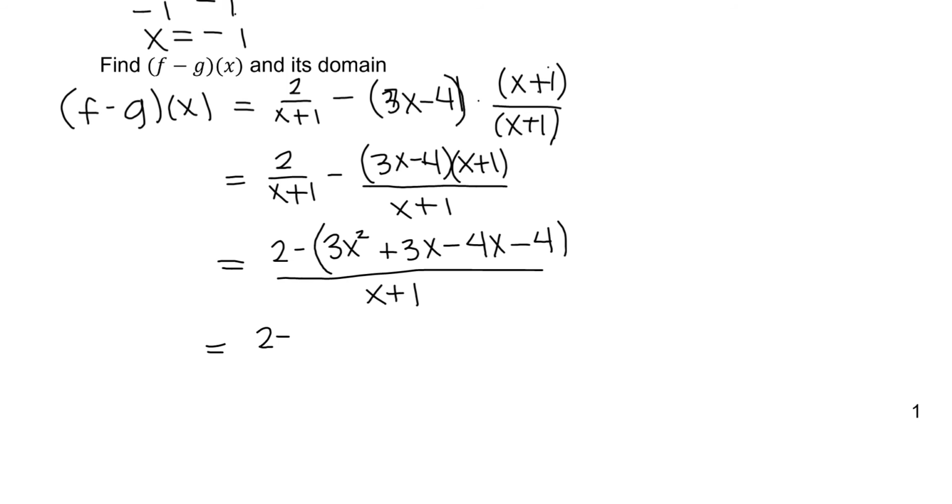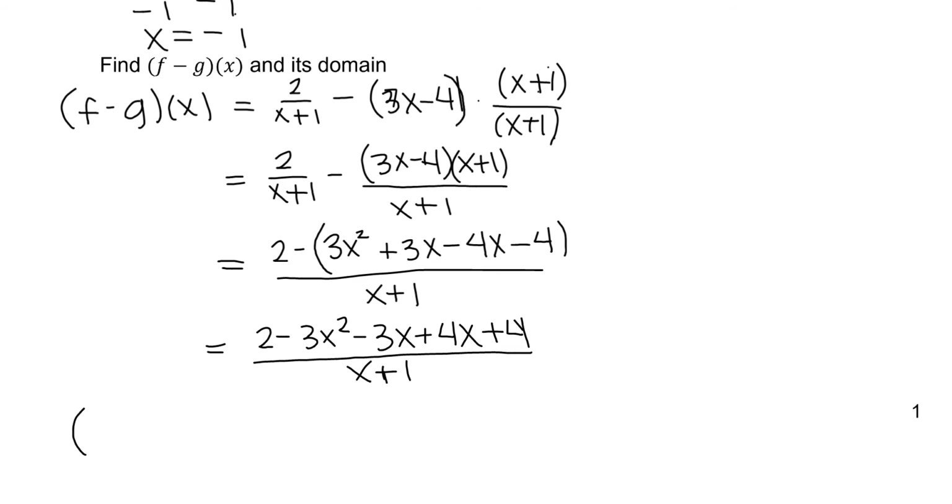So 2 minus 3x squared minus 3x plus 4x plus 4 all over x plus 1. When I combine like terms, I'm also going to reorder it so it's written in descending order.